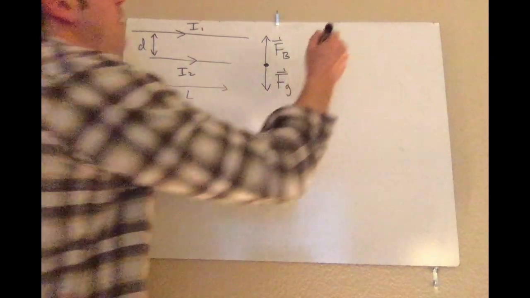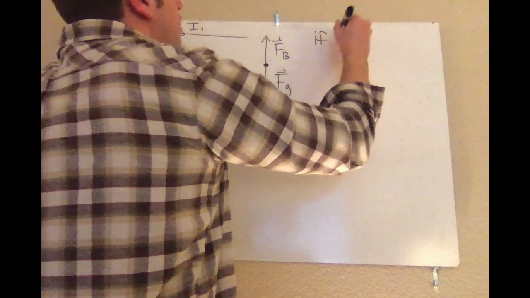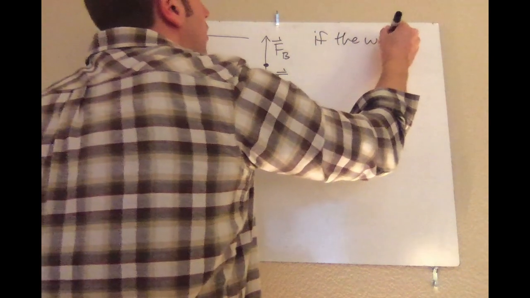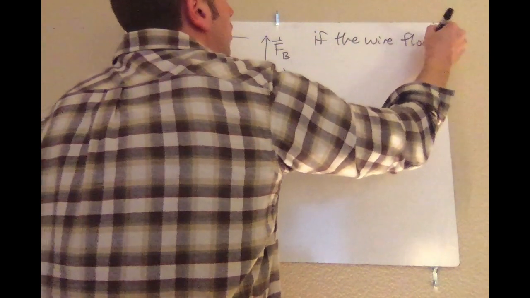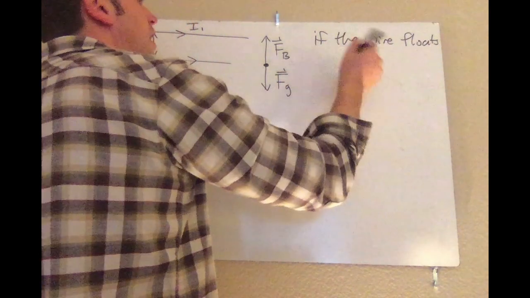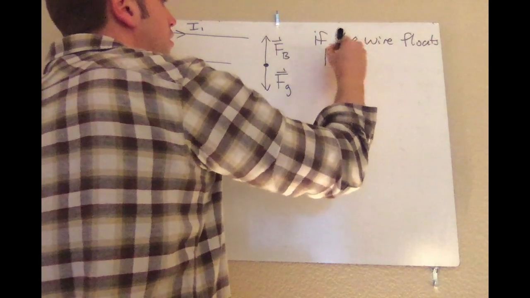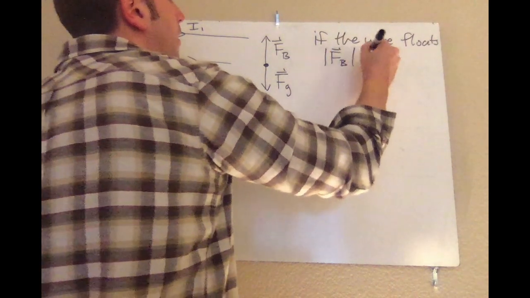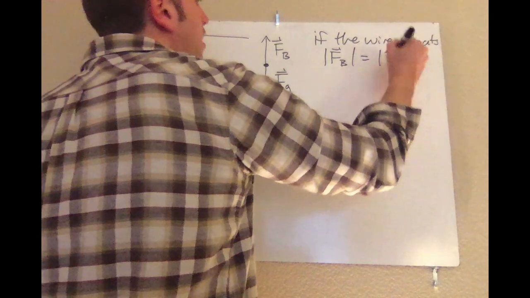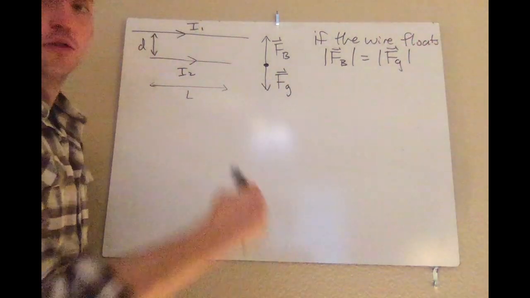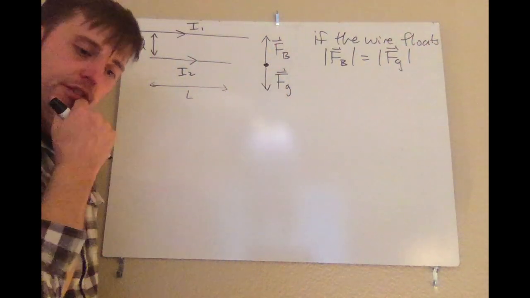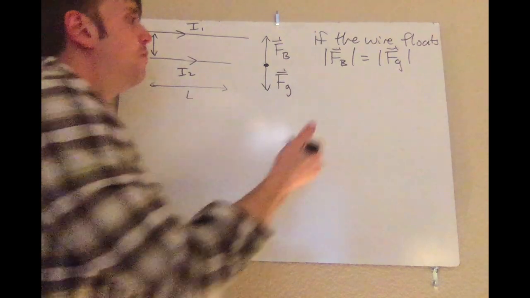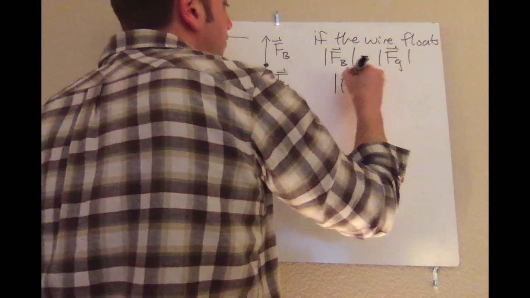So if the wire floats, these two forces, Fb and Fg, are equal to each other in magnitude, but we already said they're going in opposite directions. What is the force of gravity?